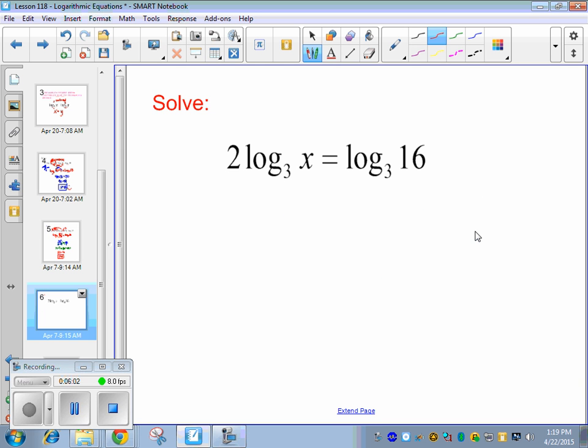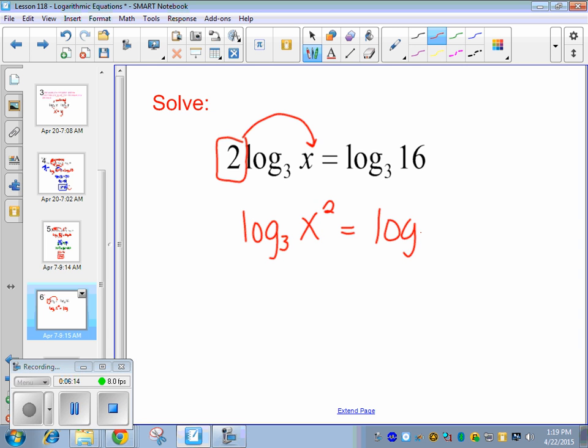Okay, and the last property that we haven't used yet is to move this 2, if there's a number in front, to the exponent. So we have to condense it by making this x squared. Now that we're condensed and we have log 3 on both sides, we can set the arguments equal to each other.